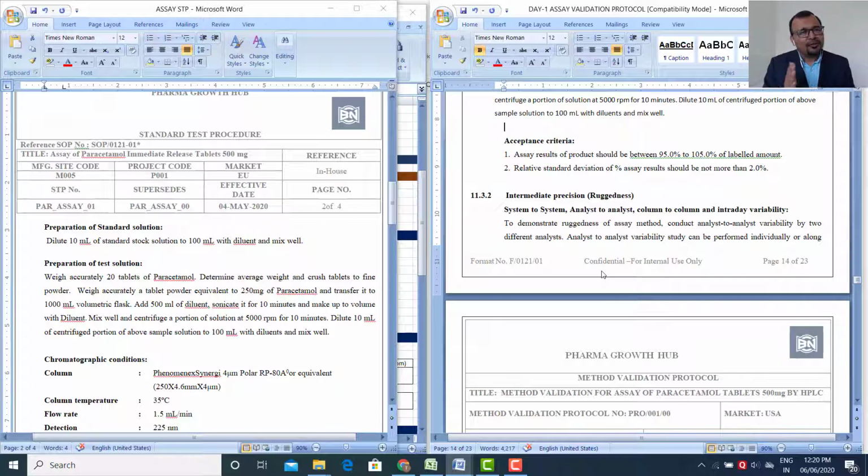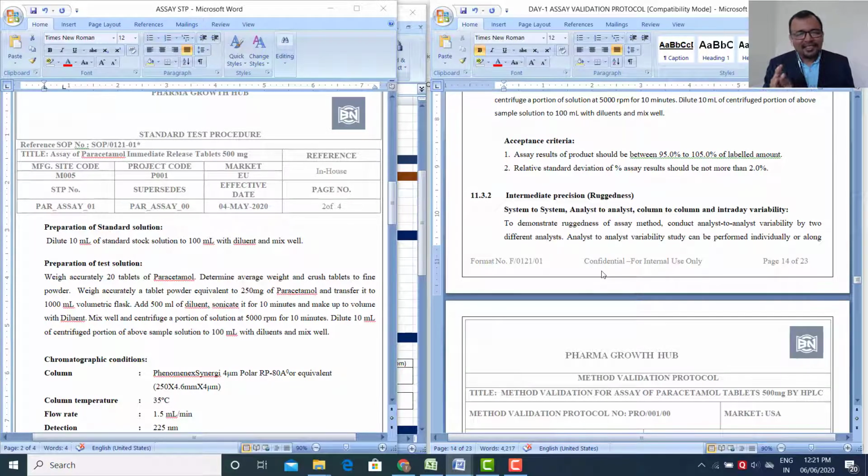Probably people also change the column. Let us say you are using column number 002. During intermediate precision, you should not use column number 002. You must use another column. The column dimensions, manufacturer, everything must be the same. Only the column number must be different from the column used during the repeatability study.